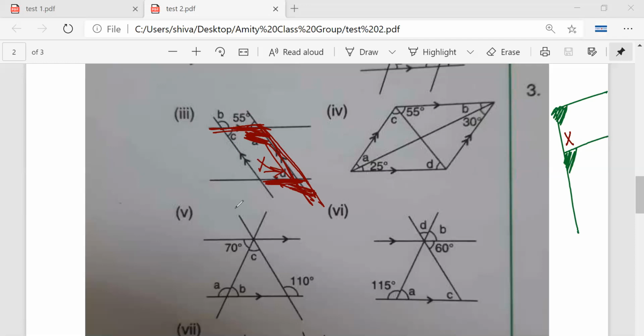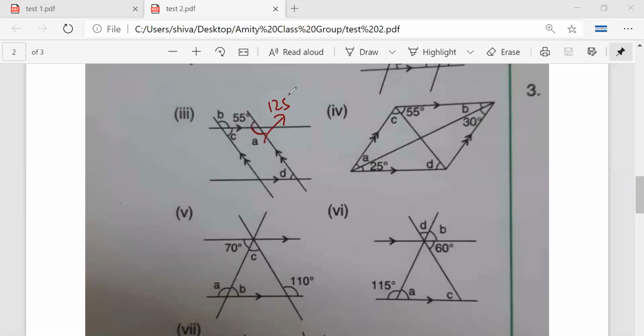Understood. So D will be 55 degrees. This angle was 125 degree. Then we can make an F like this, because then this angle would be equal to this angle.